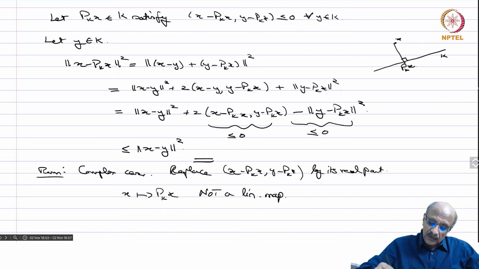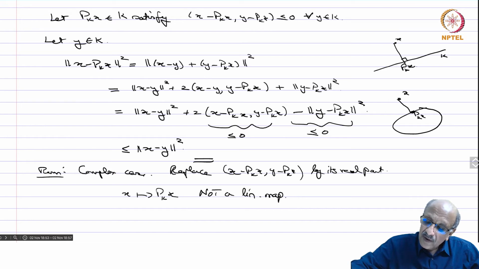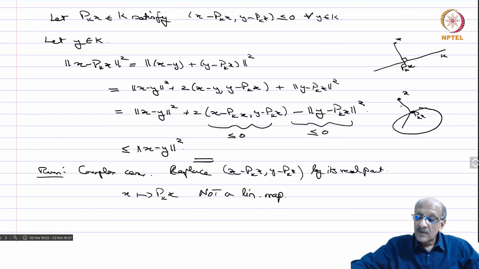Now what does this condition tell you? The inner product of x minus P_K x and y minus P_K x. So you have a convex set here. So you have P_K x, let us say, the closest point to x. Okay, so these are vectors, and it tells you that this angle should always be obtuse.